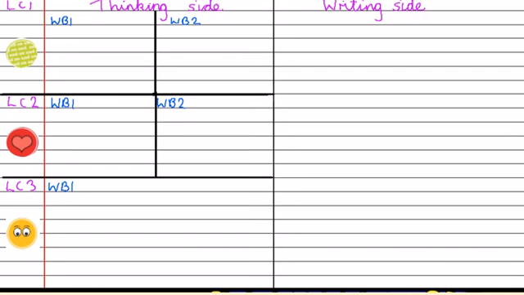Learning Chunk 1 has 2 word banks, Learning Chunk 2 has 2 word banks, but Learning Chunk 3 only has 1 word bank. And as you can see, I've included the symbols, and the top one you can see is repetition. Learning Chunk 2 is feelings, and Learning Chunk 3 is noticing.